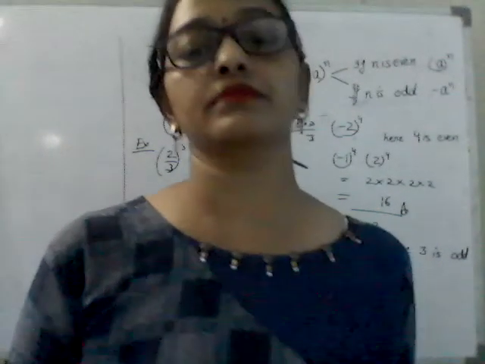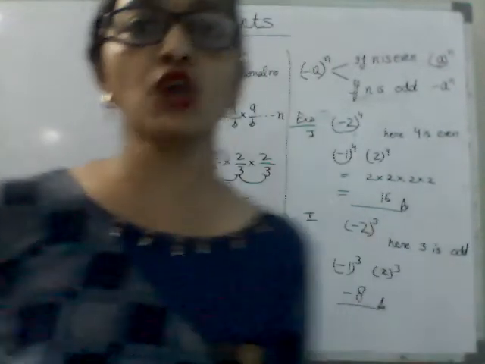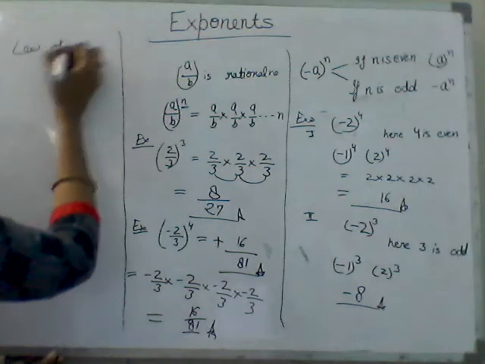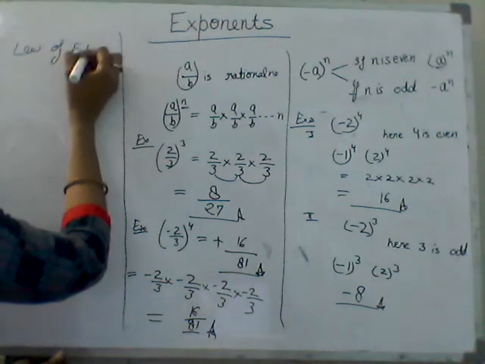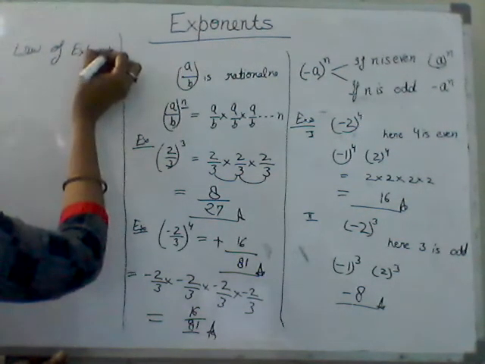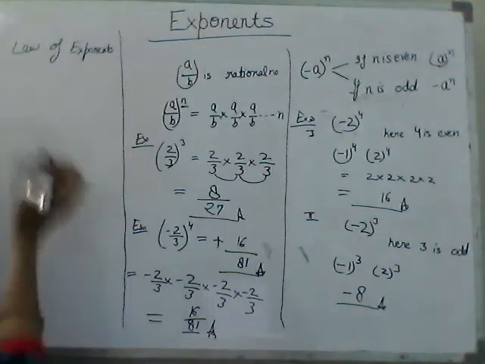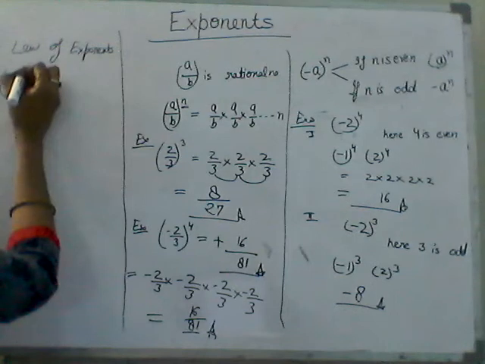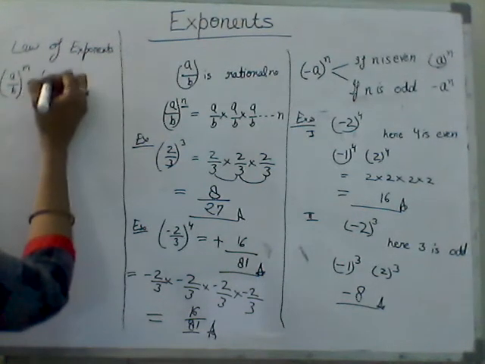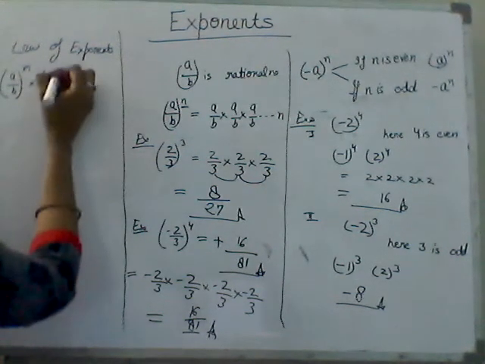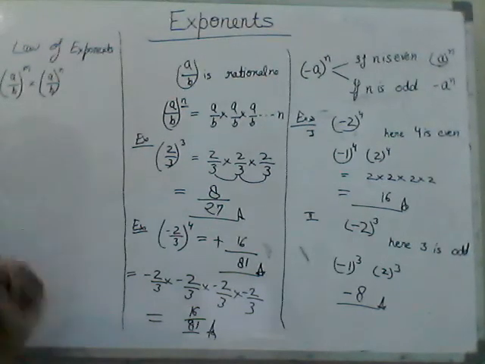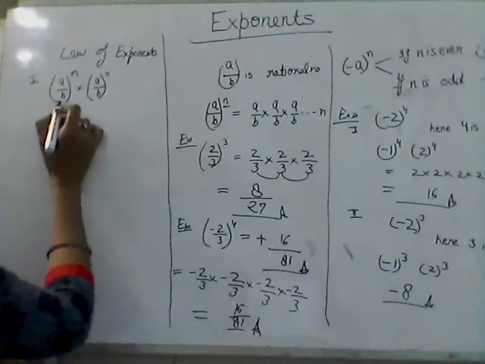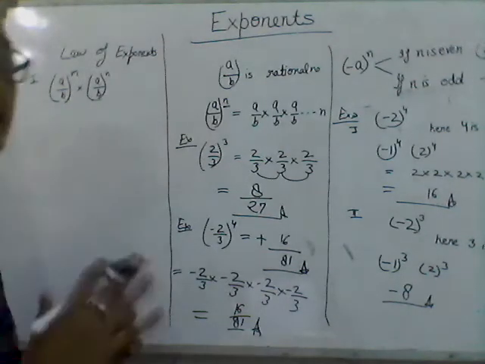So here we have some laws of exponents. The first law is: if rational number a upon b to the power m is multiplied by a upon b to the power n, here the base is the same, a upon b, but the power is different.